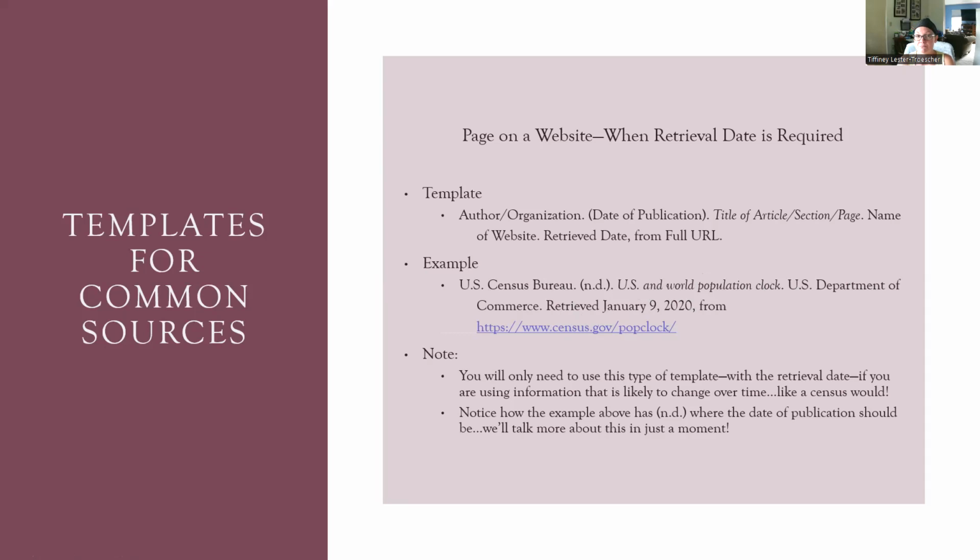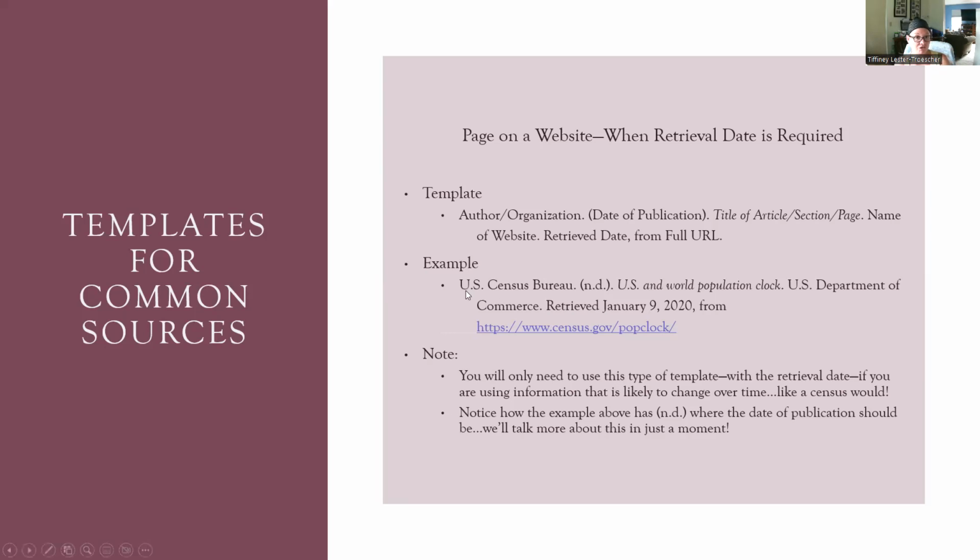So anytime you are dealing with a source where the date of publication is not provided for you, the year, because as we've seen, if you have the date and month, include that in the parentheses along with the year. But a lot of times, the date and the month aren't provided, only the year is provided. So that's what we'll put in the parentheses. There will be some sources, though, where you don't get a date, a month, or a year. We use the abbreviation n.d. for no date.